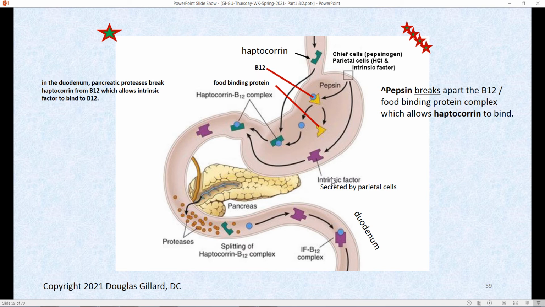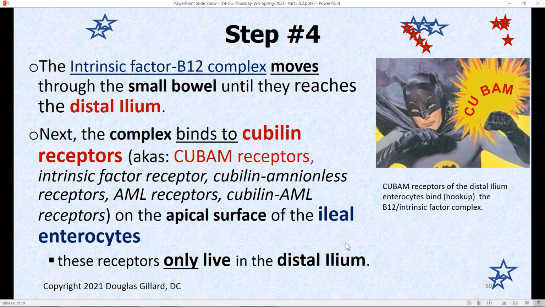And intrinsic factor is also secreted by the fundic glands, specifically chief cells, but can't bind in the stomach, but it's out here in the intestine. Once the haptocorrin and B12 hit the pancreatic proteases, B12 is broken loose again, and intrinsic factor is right there to grab it, hold its hand, and now they're bound together. So now the intrinsic factor B12 complex is heading for the distal ileum.